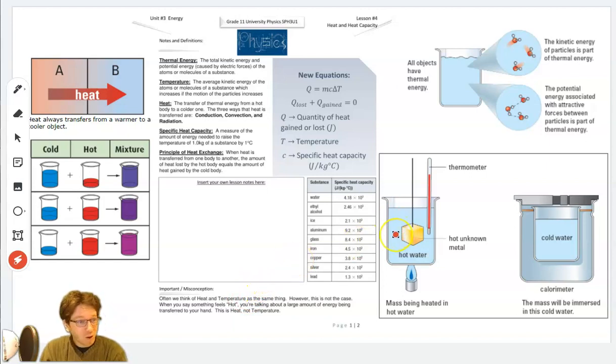Also, how much water is there? Are you heating up just 1 cup of tea, or are you heating up a whole bin of tea to serve a whole bunch of guests, right? Is it 100 milliliters or 10 liters? Obviously, the more water you have, the more energy is going to be required to actually change that temperature, the degrees that you want to change it by.